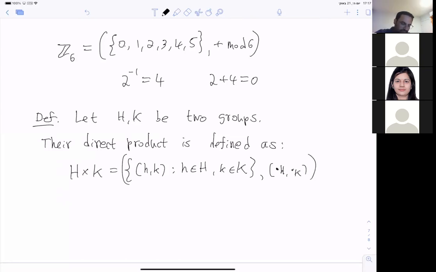Now, this can be any two groups; we just match them together. Of course, it's a new group.